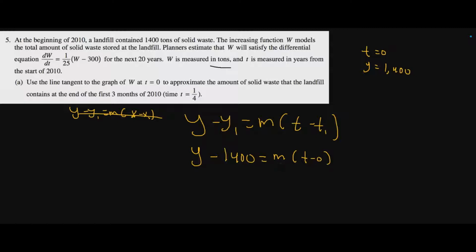For m, we usually take the derivative and plug it in. But here's the thing: we can't plug in 1/4 into this equation. There's no t. So how do we get our slope, dW/dt? Well, that's going to be 1/25 of (W minus 300). W represents the waste, which we do have right here, 1,400.